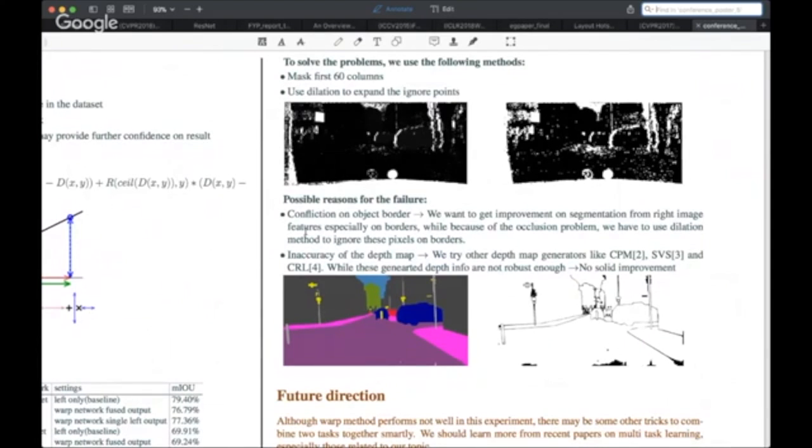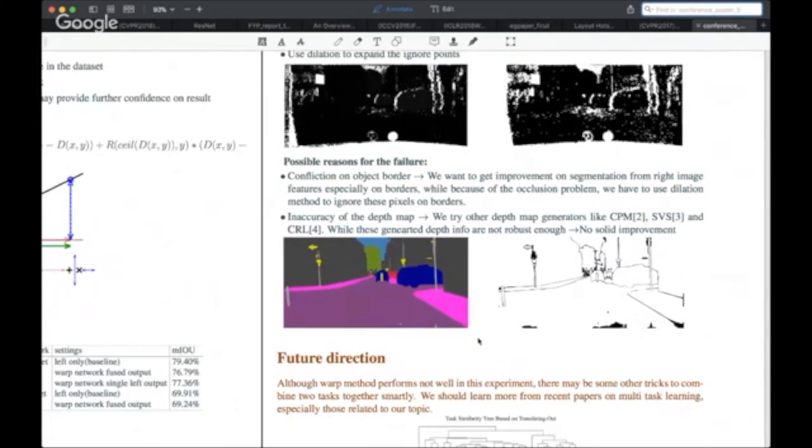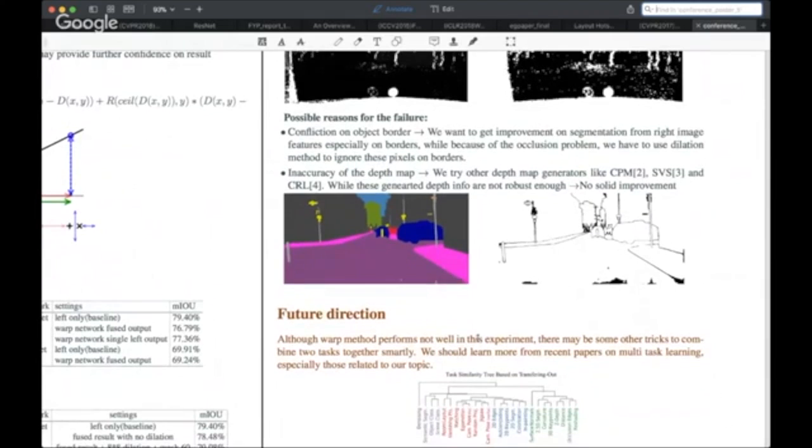We want to get improvement on the segmentation from the right image features, especially on the borders, but because of the occlusion problem we mentioned before, we have to use the dilation method to ignore these points on the borders.